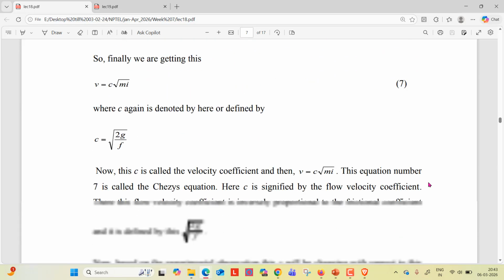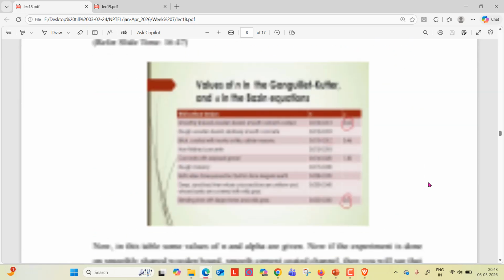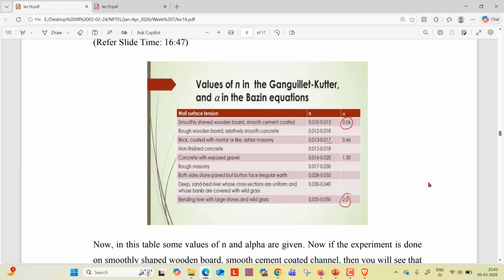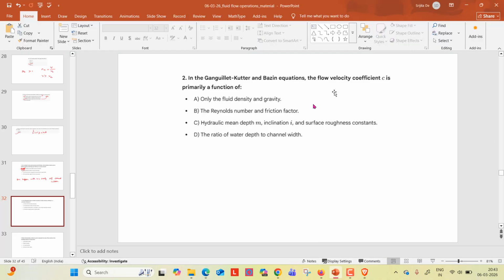So this N is varying. It depends on the surface roughness. So it will depend on this option C. Hydraulic mean depth M, inclination I and surface roughness constant.